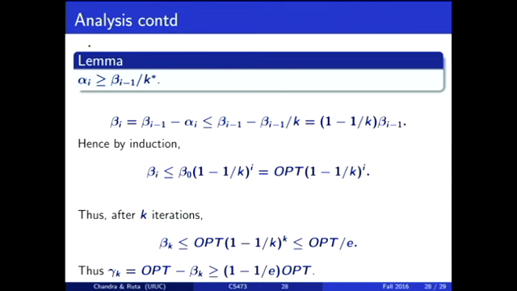So in effect, you will cover at least (1 minus 1 over e) times opt. What is 1 minus 1 over e? It is about 0.632. So you will cover a 0.632 fraction of what the optimum would cover.